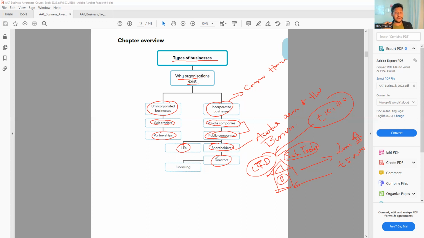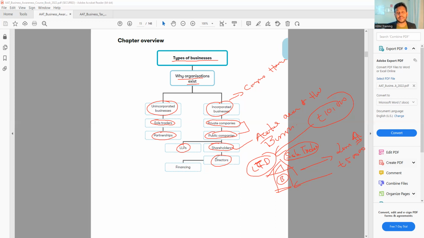And they have to do everything on behalf of the business, except one thing: if the business needs to enter into any contract. For example, if the business needs to buy an asset or buy land, the directors don't have to use their name, because the company is treated like a person itself.